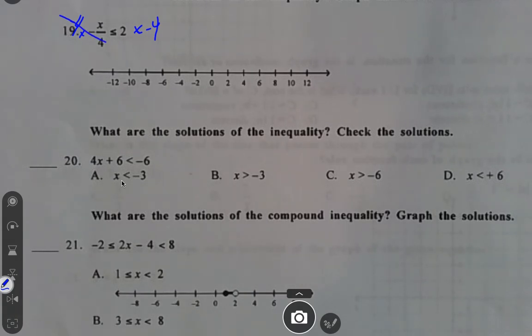You have to change that symbol. So over here I get x, flip that to greater than or equal to, and what's 2 times negative 4? Negative 8. So look at that for a second and make sure that you understand. Do we understand that?